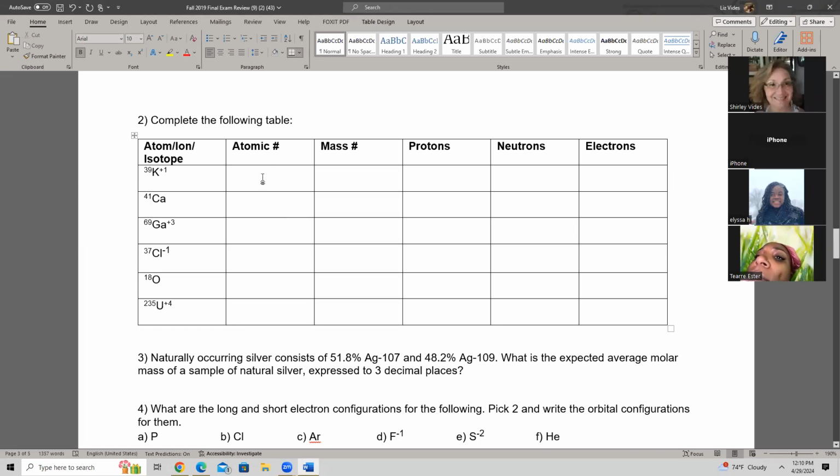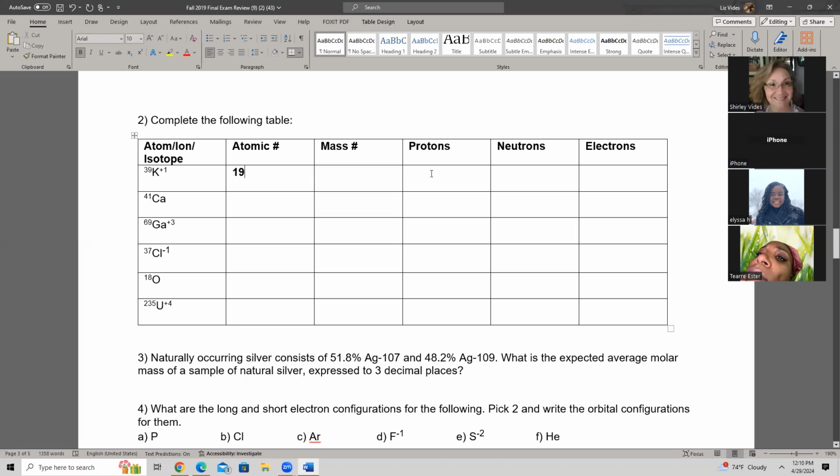All right, so for this one, remember, every time that you see a symbol like this one, you are also going to have the atomic number below, but I omitted it so that you would look for it. The atomic number for potassium happens to be 19.